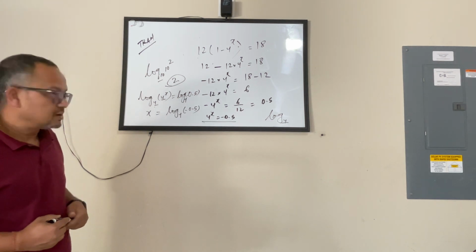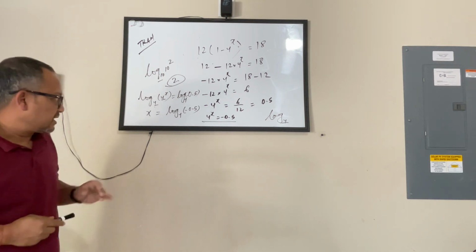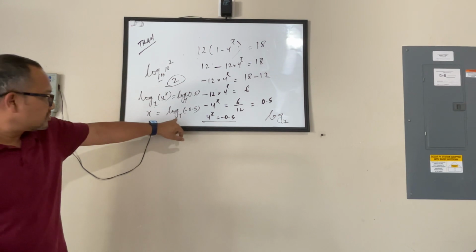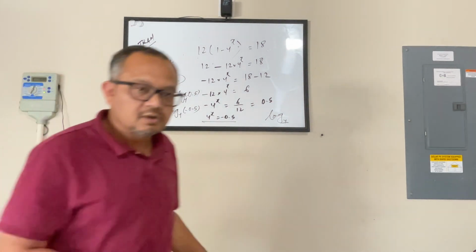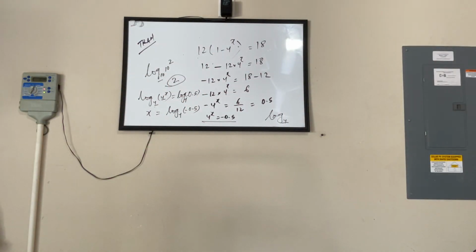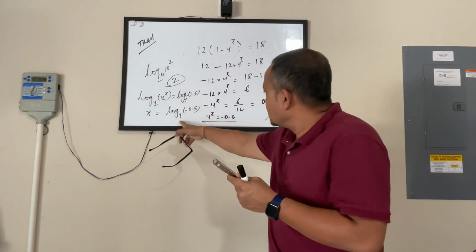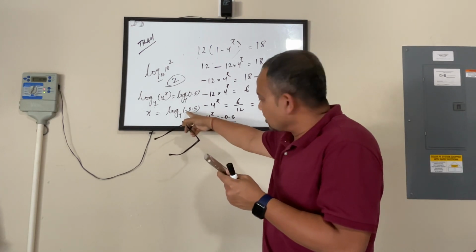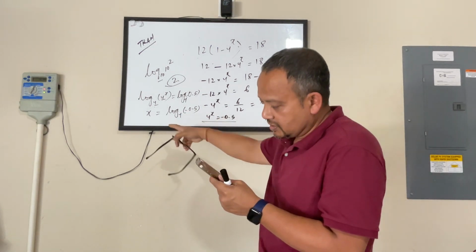They said it was no answer thing, right? Yeah. I think that's why it's a no answer. Log 4. I mean log minus 0.5 base 4.